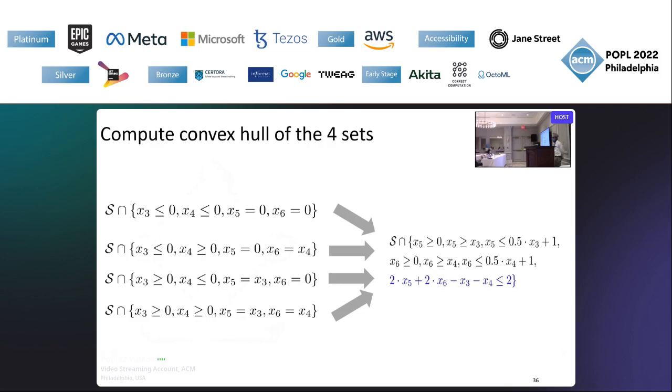So we are not able to do more than 3 ReLU statements together, because we use out-of-the-box algorithms for computing this convex hull. But up to 3 ReLU, it still gave us a precision boost. If we compute this convex hull, we do get a constraint that relates X5, X3, X4, and X6 together.